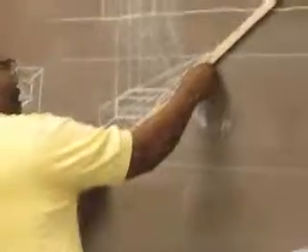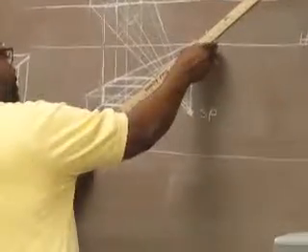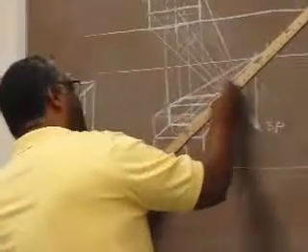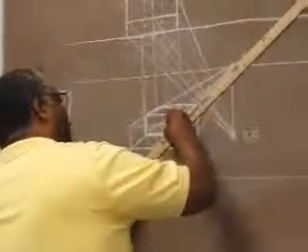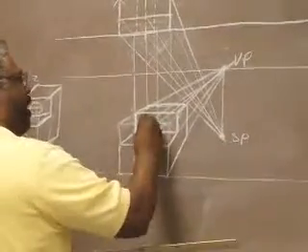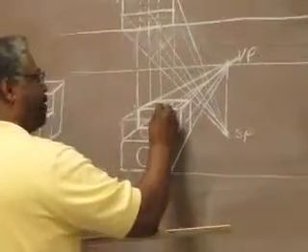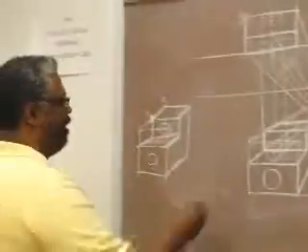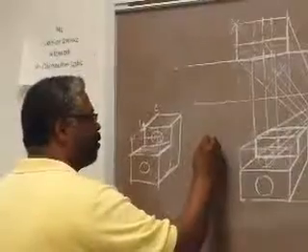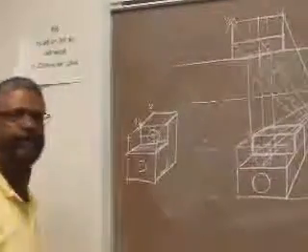I can take this quadrant of my circle here and take it back. That's going to locate the bottom portion of that. And then I take this one back and that locates the top portion. So what I've done is I've located the quadrant of my circle on this back surface.